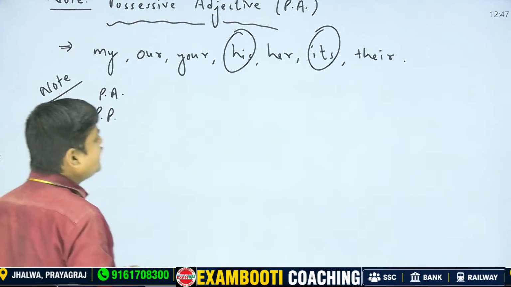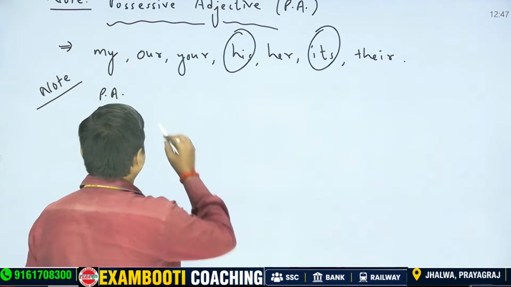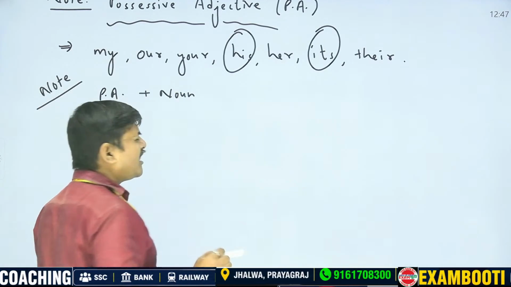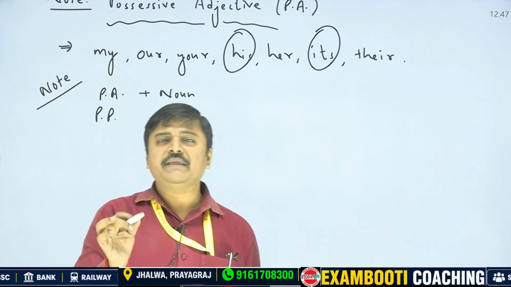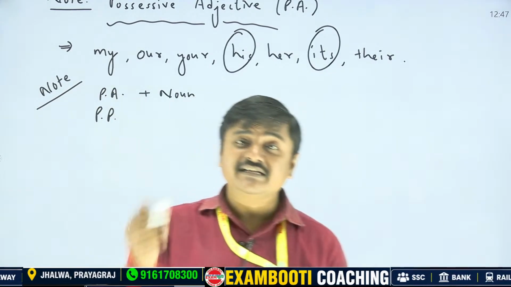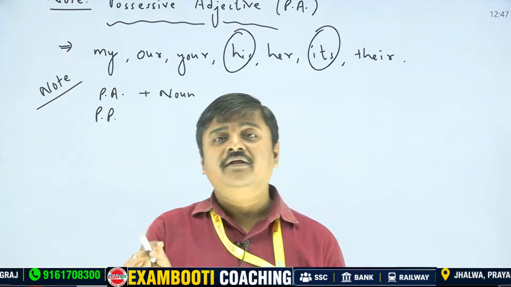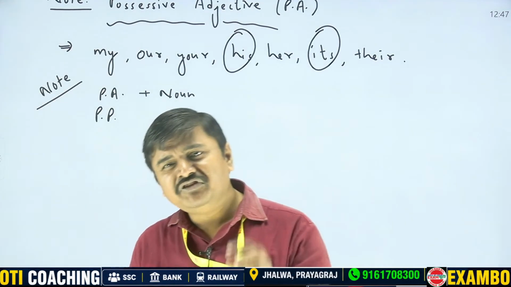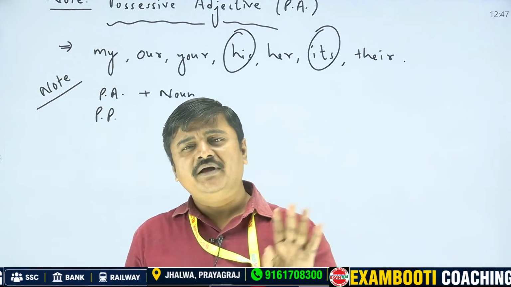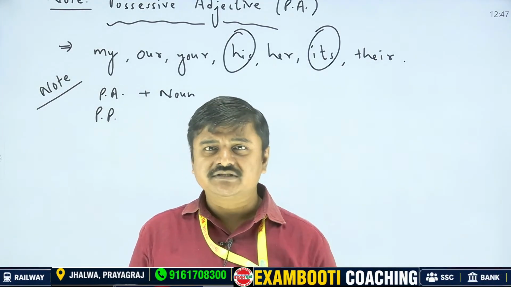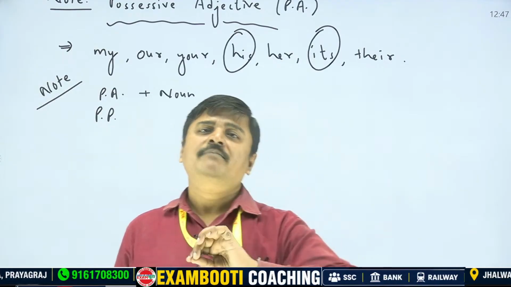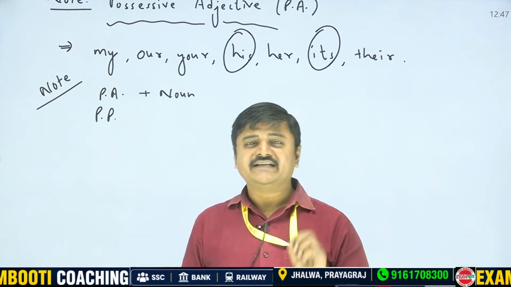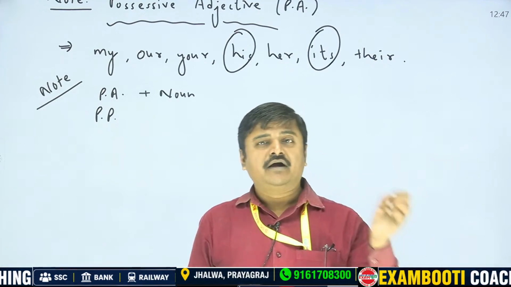What is PA? There is always a noun after PA. Just leave the two words that are common in both sections, possessive pronoun and possessive adjective, and those two words are his and its. Leave them.